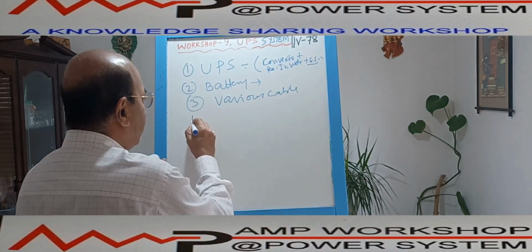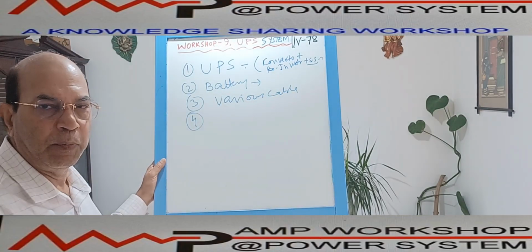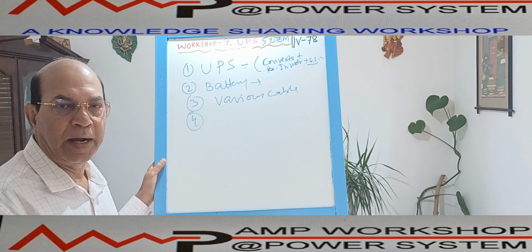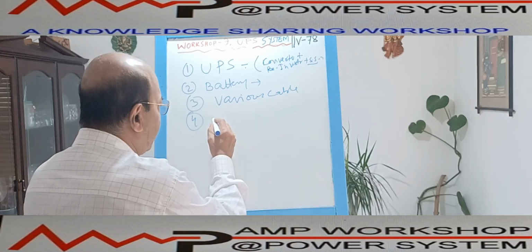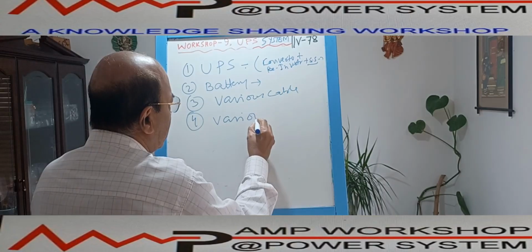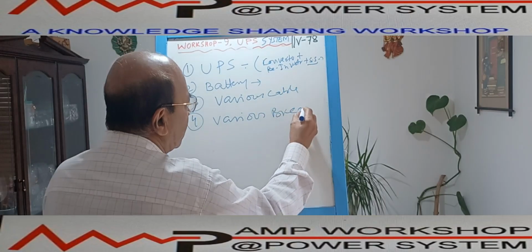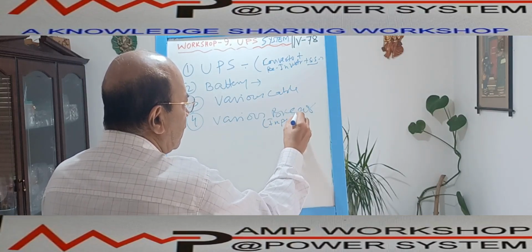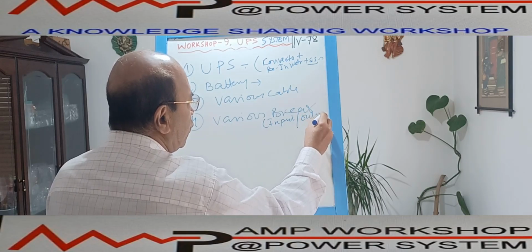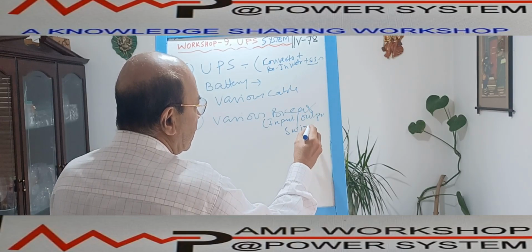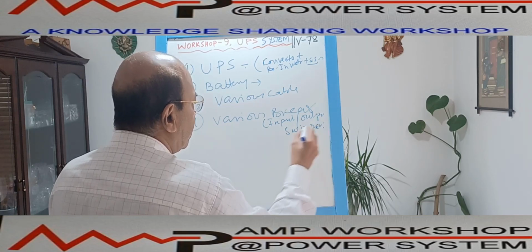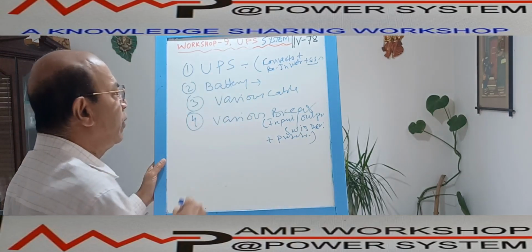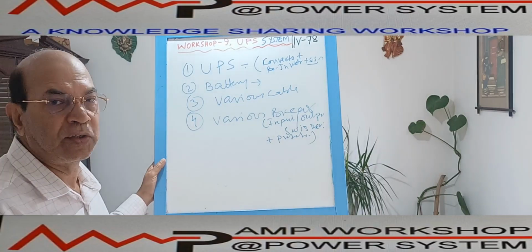And the fourth part of this system is the breakers: input and output breakers, maintenance bypass breaker or circuit breaker or switch, that is the input output switching devices, plus their protection settings. These mainly are included when we discuss the UPS system sizing.